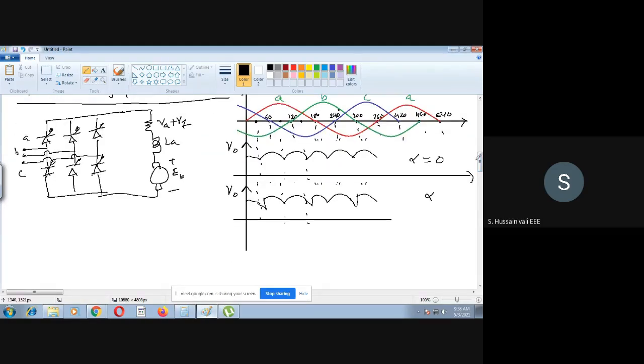Further, if you increase like that, for example, if it is 90 or some other angle, then this will increase further. Okay.